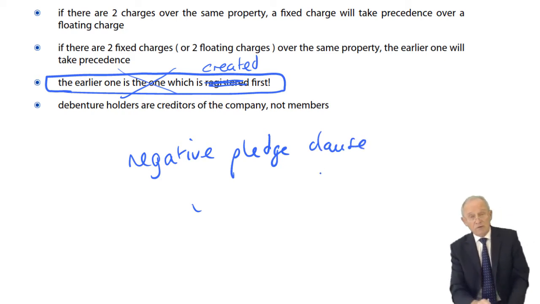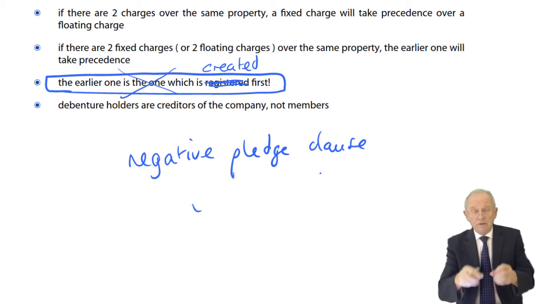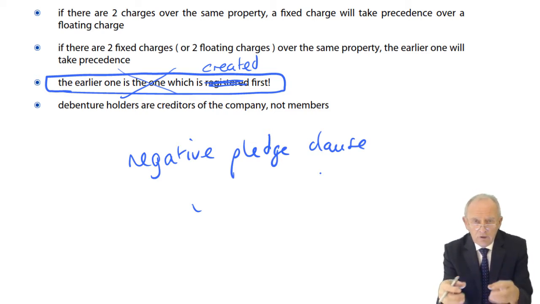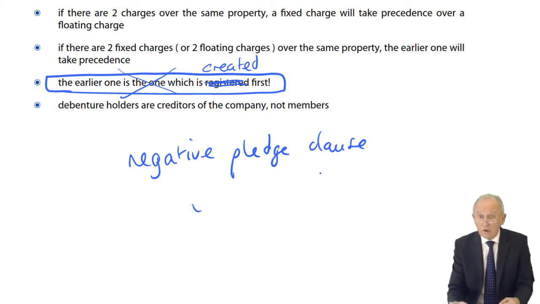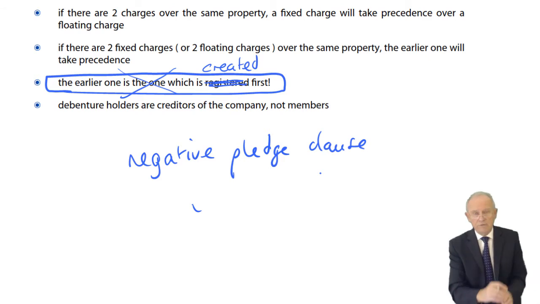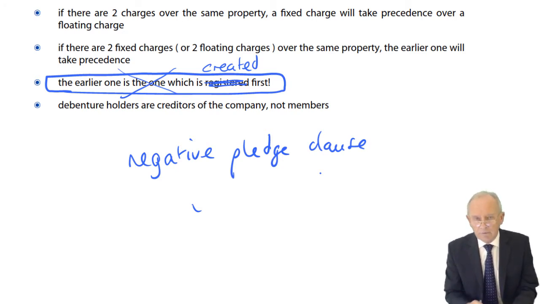And that negative pledge clause puts the responsibility on the company to say that if the company is now trying to find a lender to be secured by way of fixed charge, which will then affect adversely the property available to the floating charge debenture holder, then they must notify the floater. They must notify that floating charge debenture holder. And if they want repayment, then they can ask for immediate repayment.